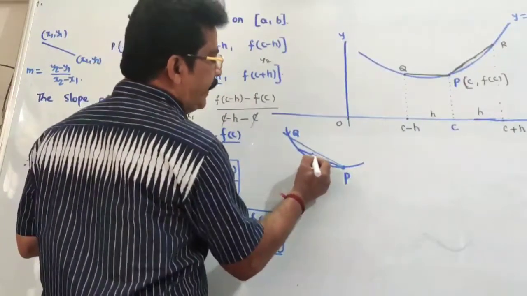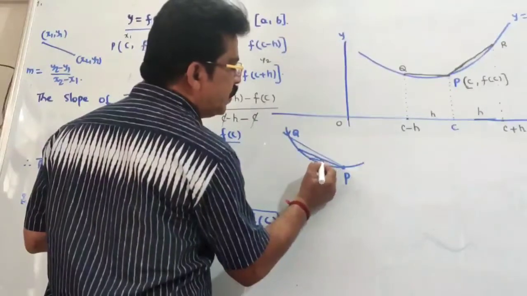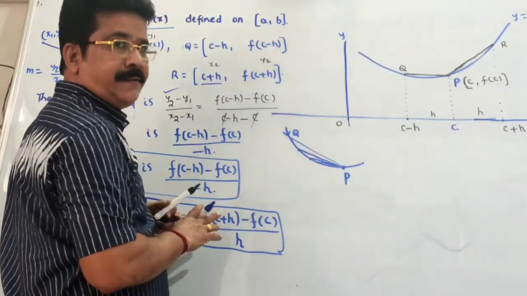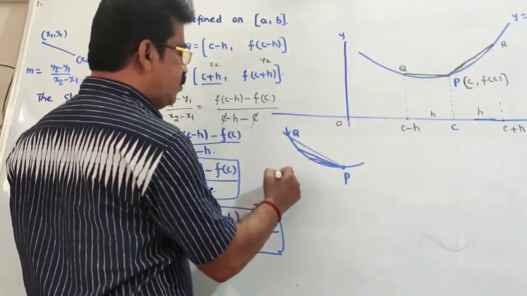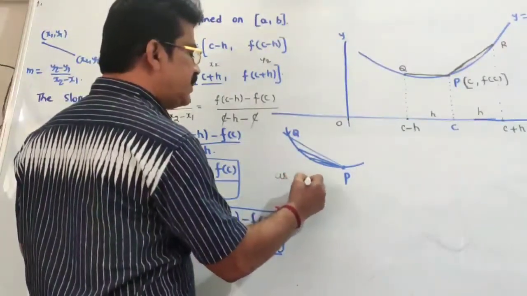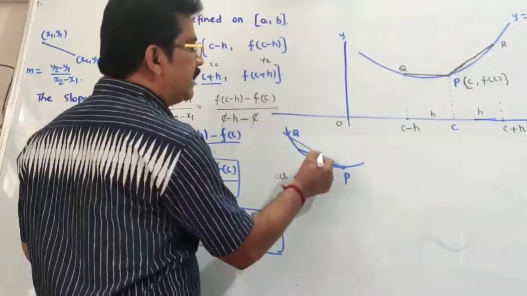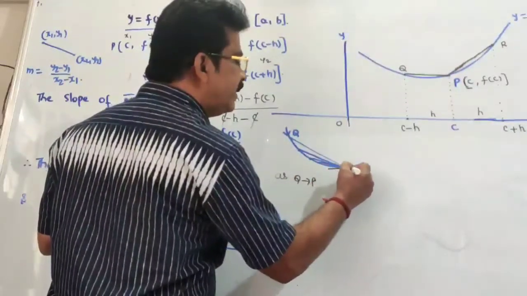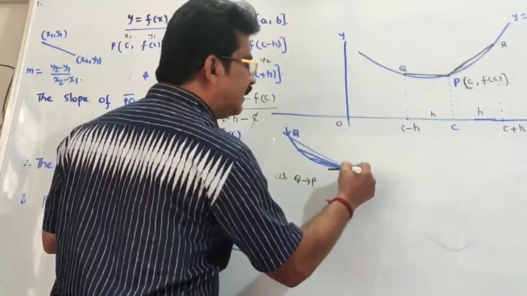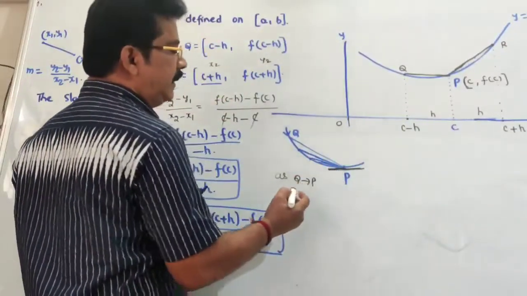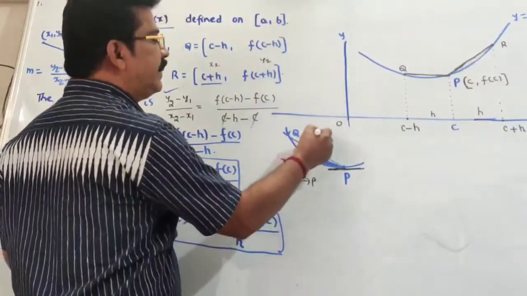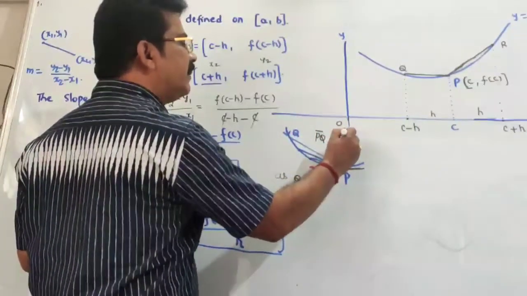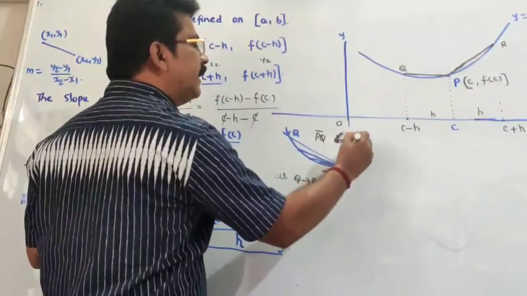Later, as Q tends to P, finally, this chord will get its limiting position. Limiting position means the PQ bar chord becomes a tangent at capital P.